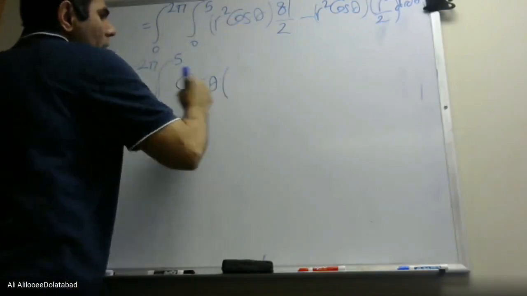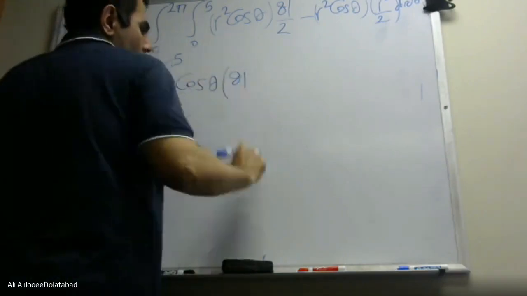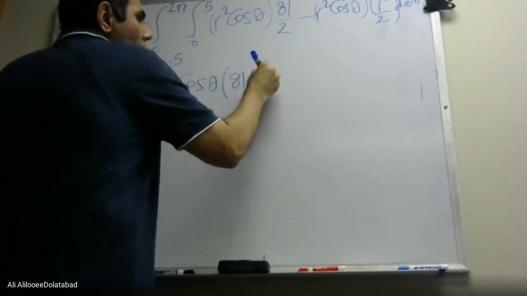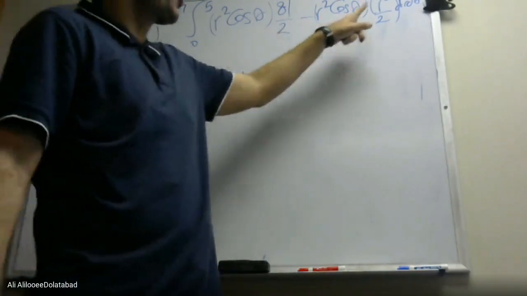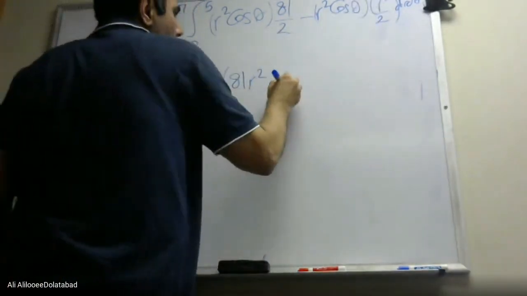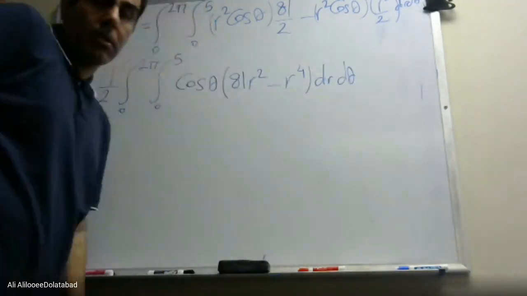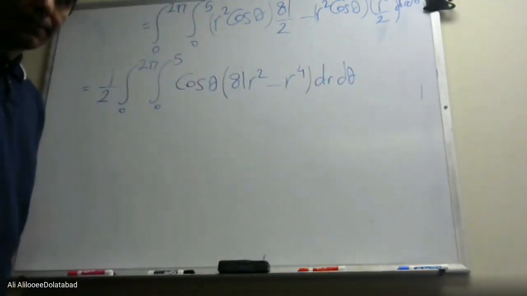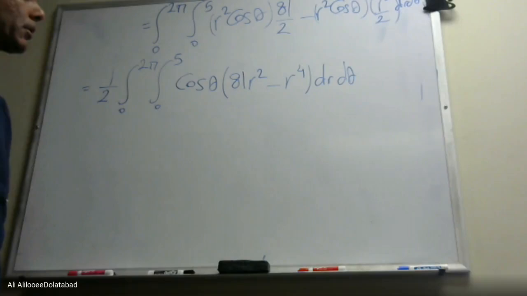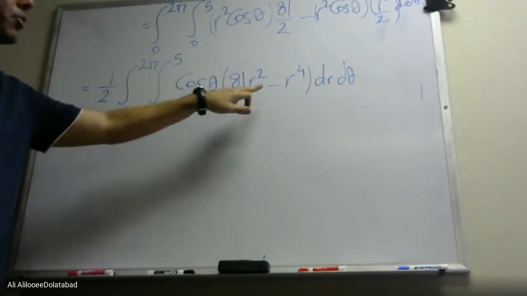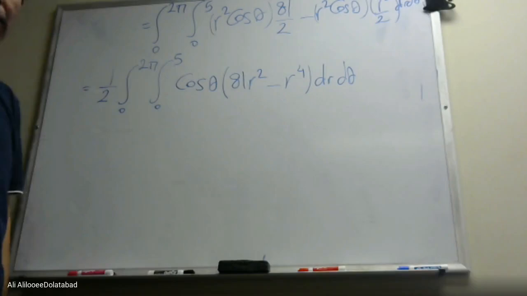Here we have 81 r squared, and r squared times r squared is r to the 4, minus r to the 4 dr d theta. Then we have cos theta times 81 r squared minus r to the 4 dr d theta.